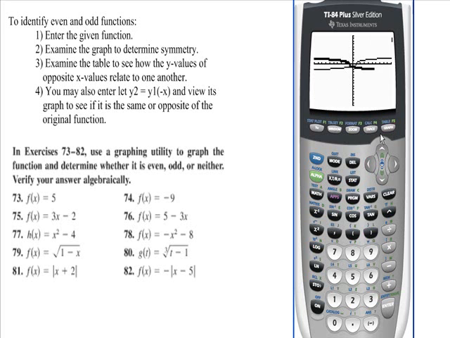And graph it. So it's not going to be the same or the opposite of that original function. Therefore this is neither even nor odd.